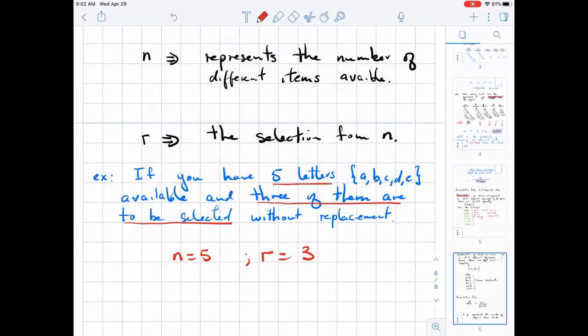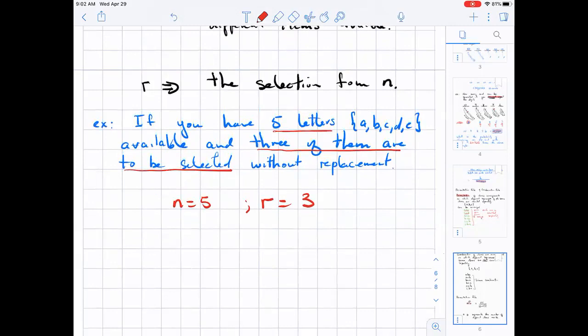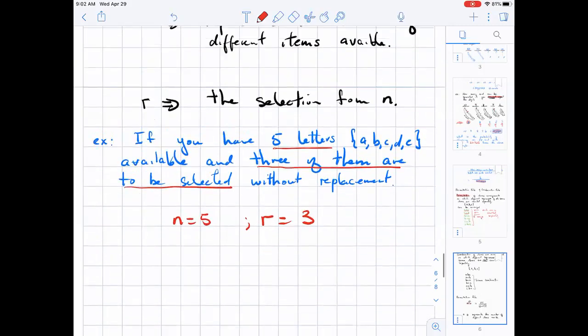So R can never be bigger than N. R can never be bigger than N at all. Okay. And we'll do examples of these in a few minutes.